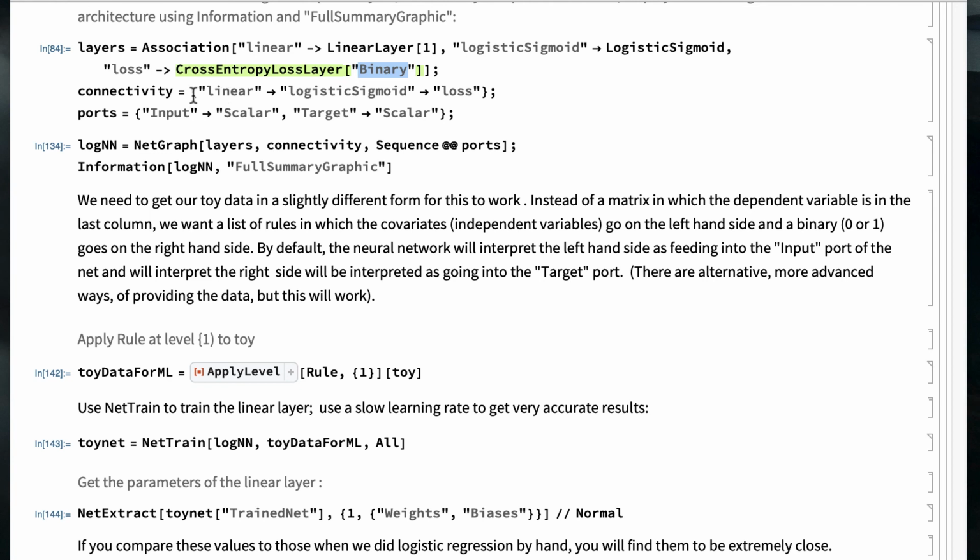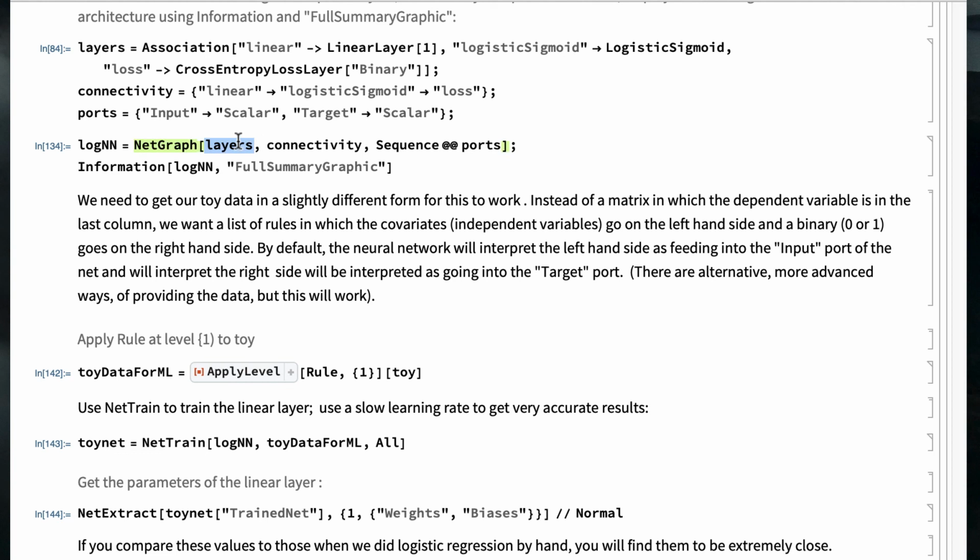Very simple. Here's our connectivity structure. It's just a pipeline. The linear layer goes to the logistic sigmoid layer, which goes to the loss layer, that cross-entropy loss. What's going in? We've got a scalar, meaning a number, going into the input, and a scalar going into the target. So now we can construct our net graph.